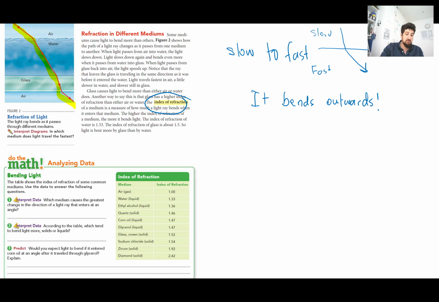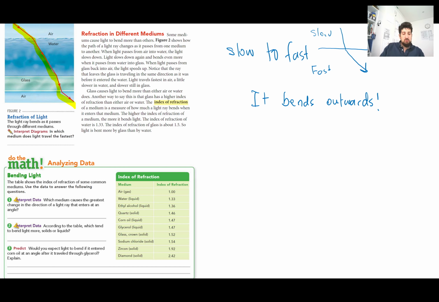So that's the first time you're introduced to this word, index of refraction. That's just a fancy word that means number of bending. If we were to put a bending number on how much light bends, then that's what we're talking about here. So index of refraction just refers to how much the light is going to bend.